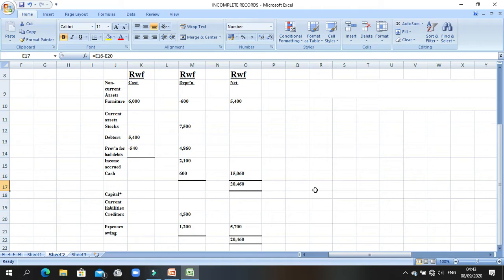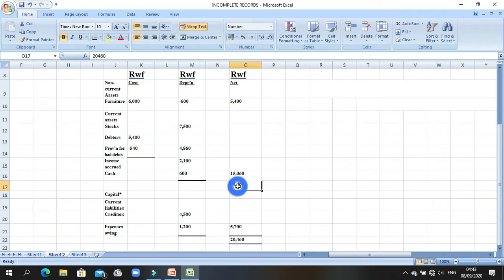As you know, to get the profit and loss, we have to take closing capital minus opening capital minus additional capital, and also we add drawings. So let's calculate here.